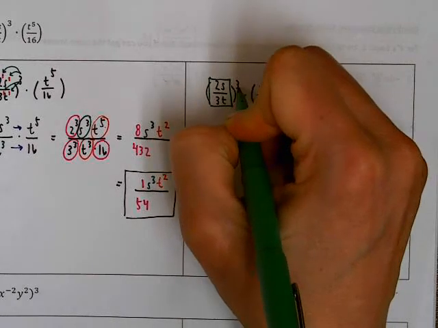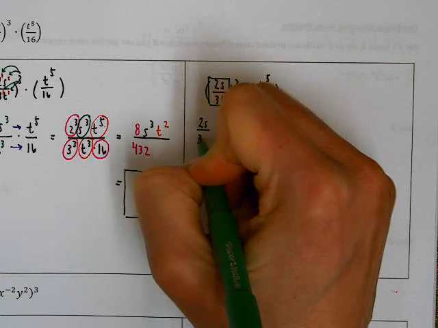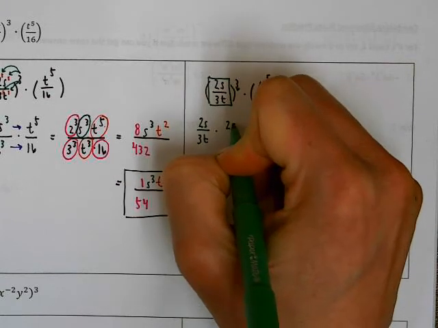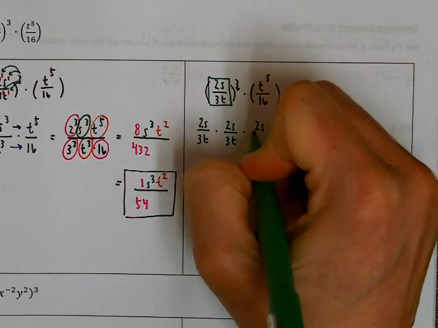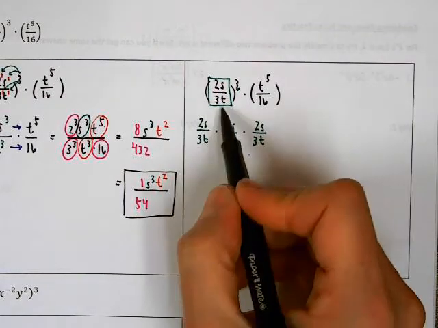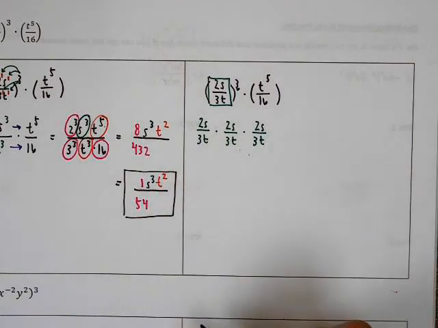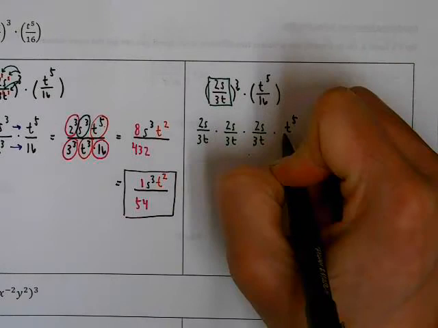I know the fact that this is to the third power means I can do 2s over 3t times 2s over 3t times 2s over 3t. So I multiplied this by itself 3 times, and then I still have to multiply by t to the fifth over 16.